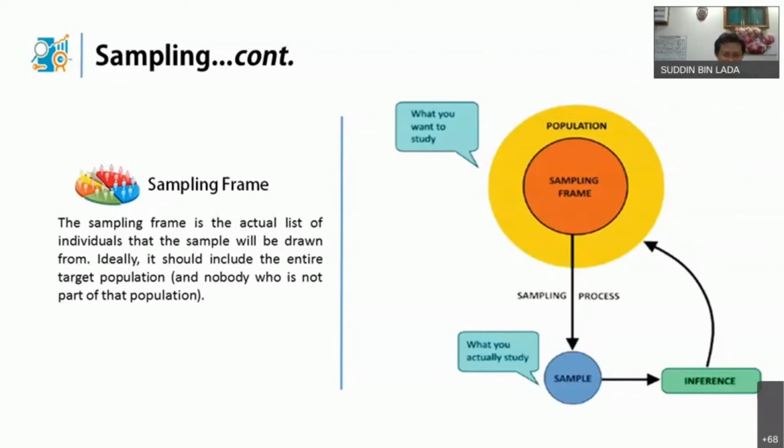Okay, and the justification of your scope will determine your sampling frame. In writing your thesis, you need to state your frame clearly. It will help you ensure that the data you collect later represents the actual population of your study. All right, move on.